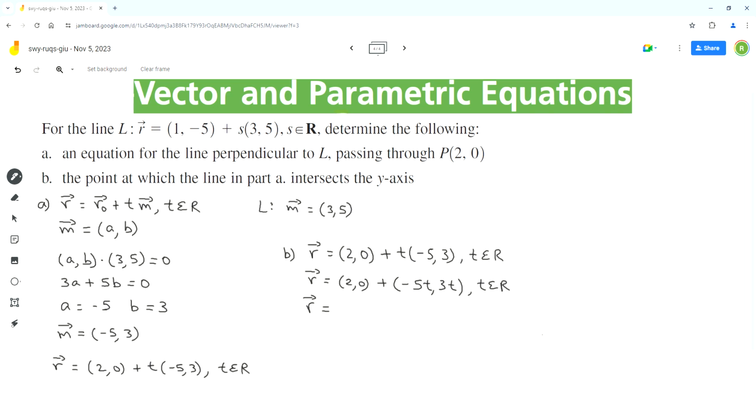Now we can add the vectors on the right side, so we should add their x and y components. And 0 plus 3t is just 3t. Let's assume position vector r is for point (x, y) on the line.